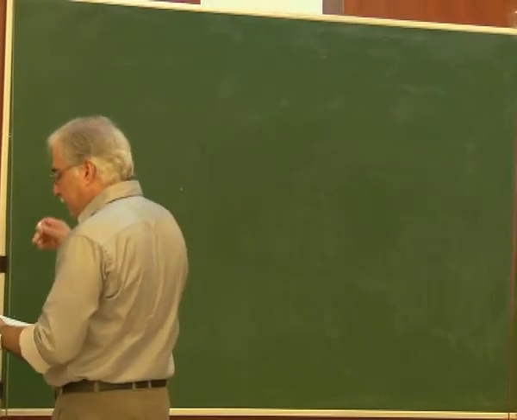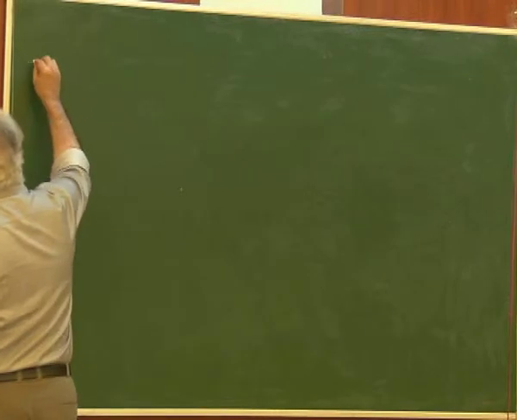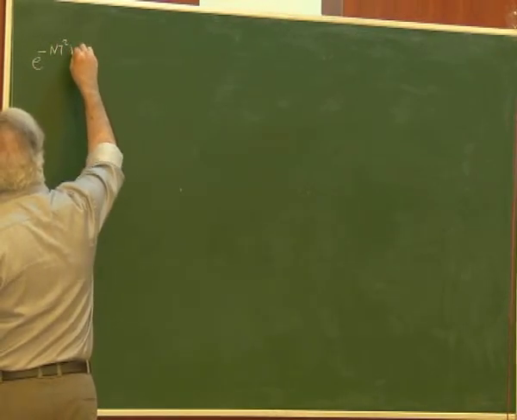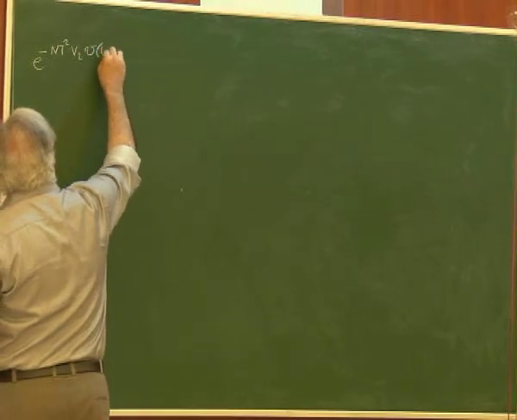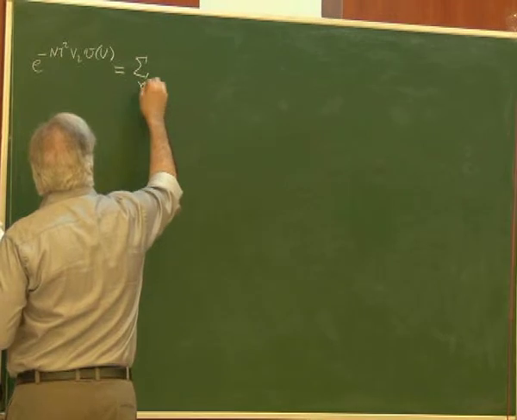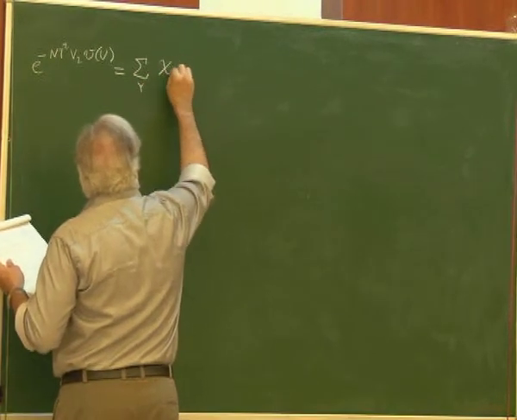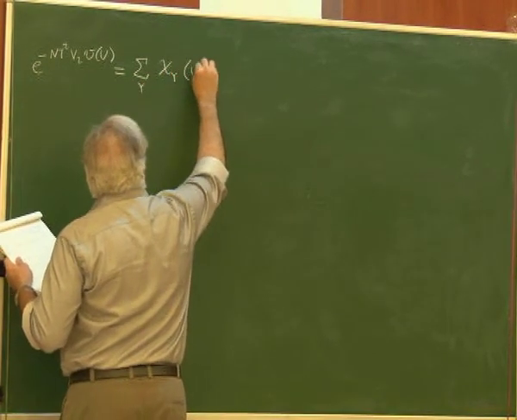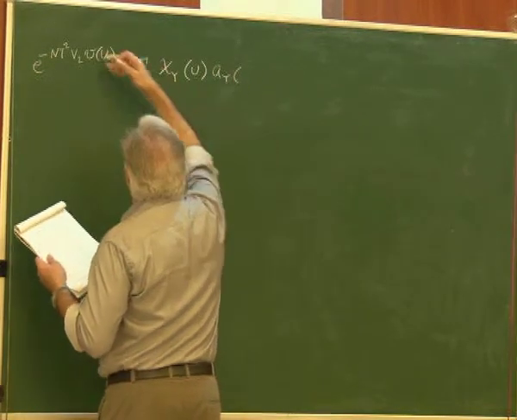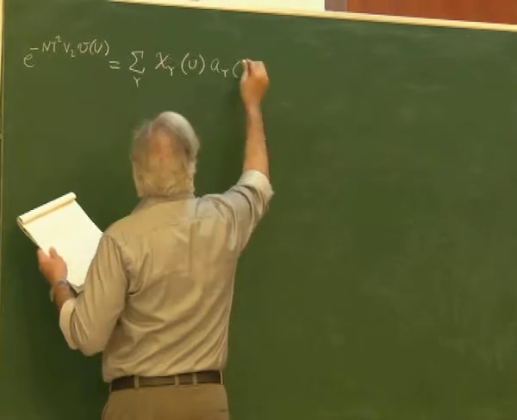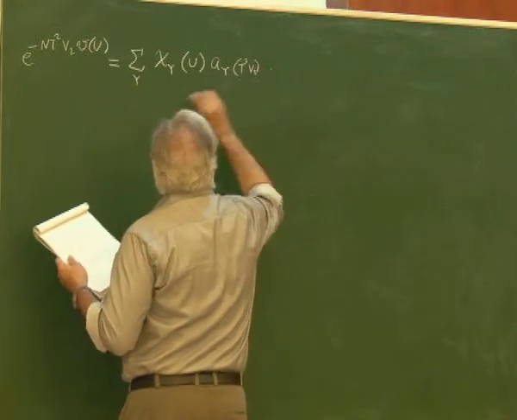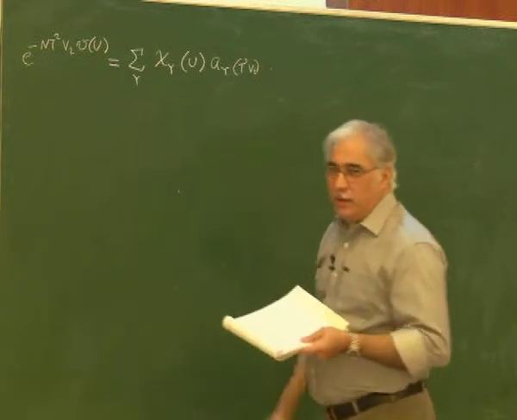So I said that if you take e to the minus n t squared times V of u, this can be expanded in terms of the characters. It's sort of an obvious thing I have written.